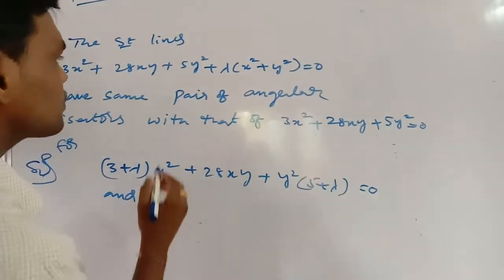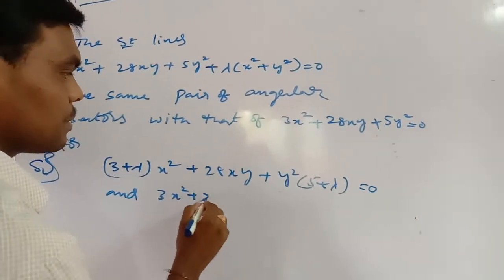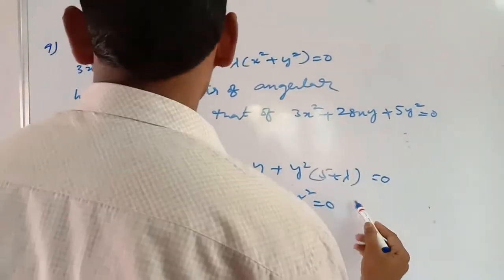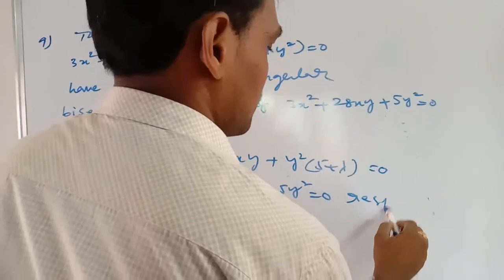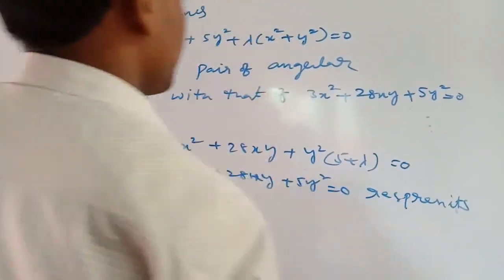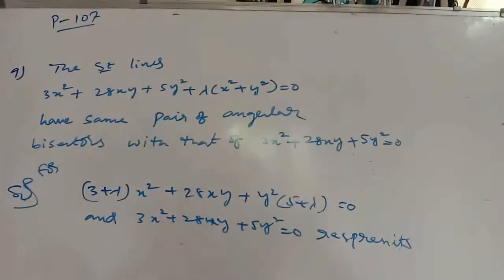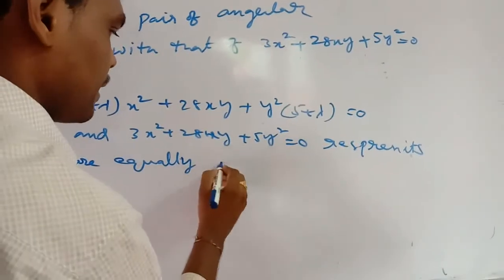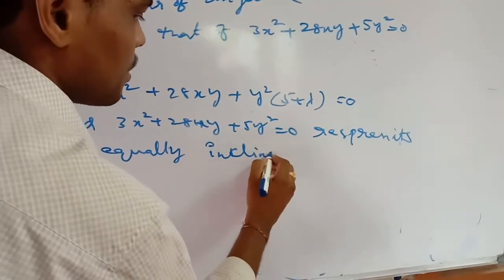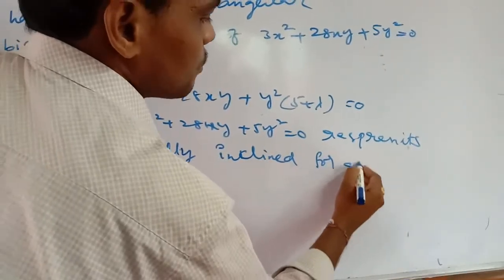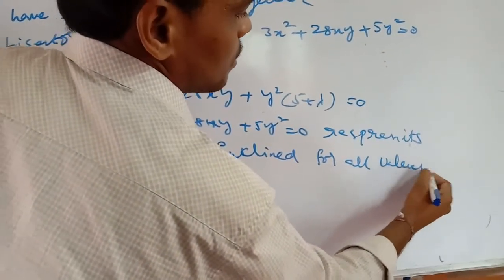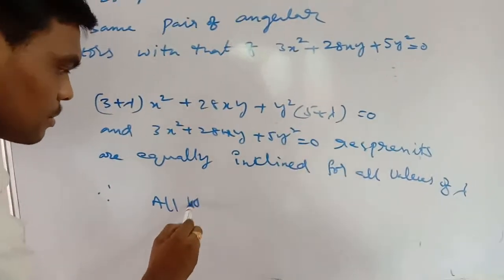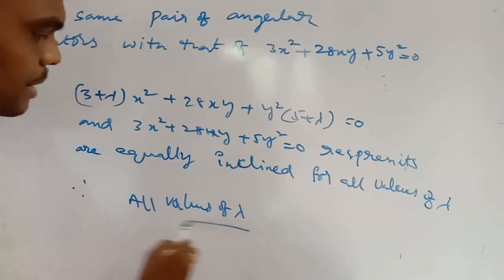And 3x square plus 28xy plus 5y square is equal to 0 represents equally inclined lines for all values of lambda. So now the first option is all values of lambda. Okay.